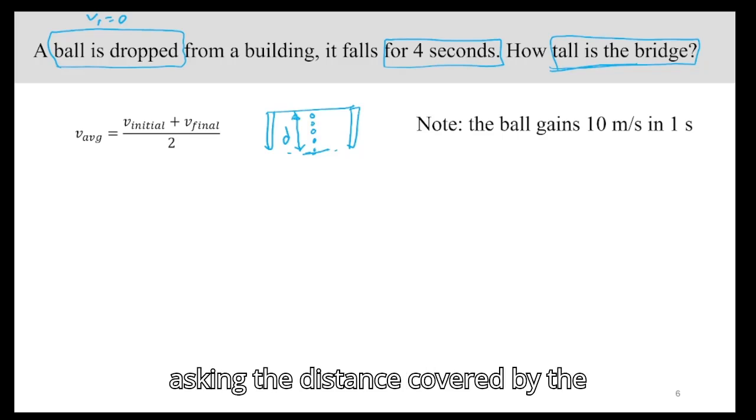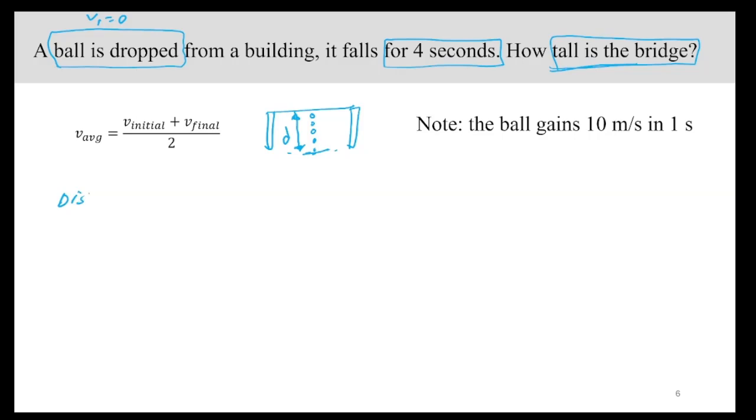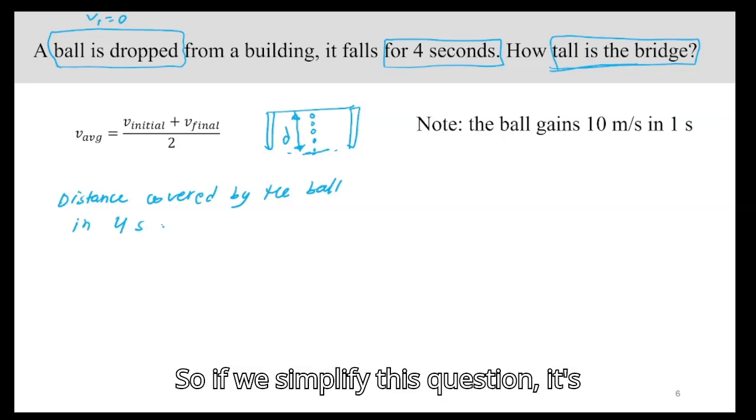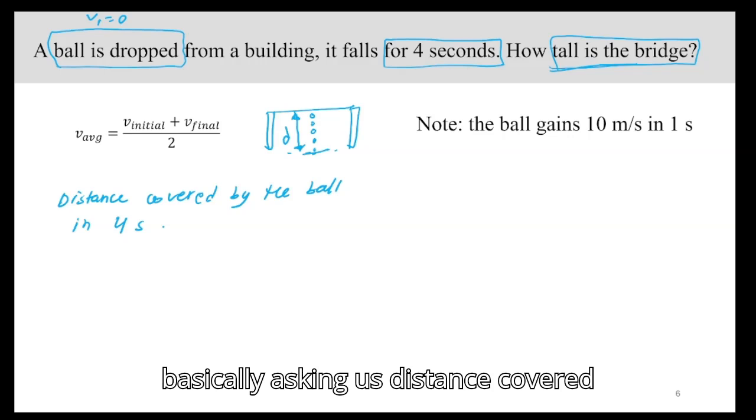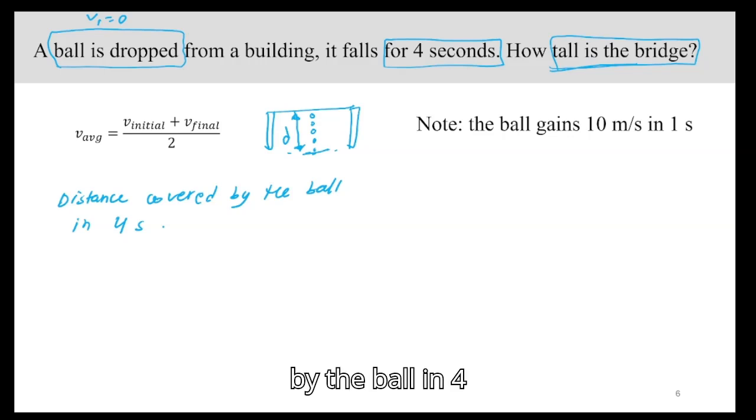Basically it's asking for the distance covered by the object. So if we simplify this question, it's basically asking us the distance covered by the ball in 4 seconds.